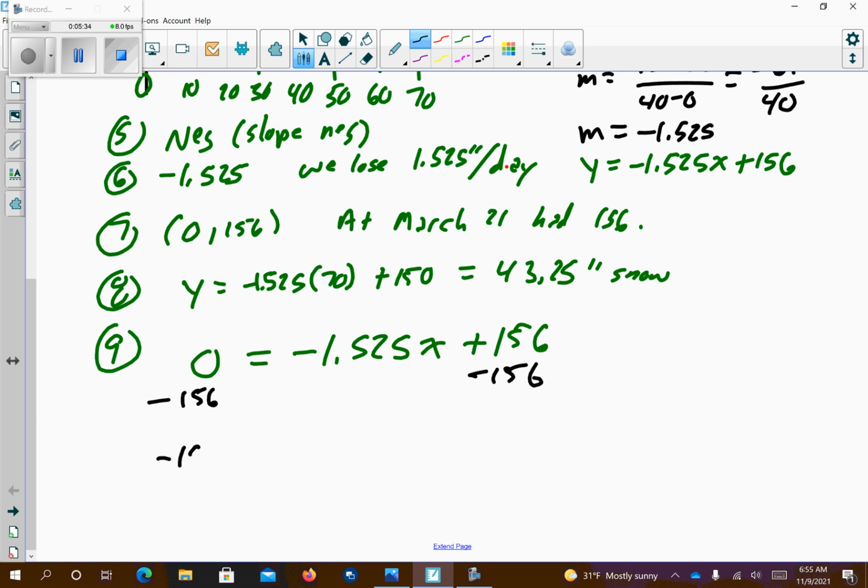So I get negative 156 equals negative 1.525x. Divide each side by 1.525. So it looks like it's about 102.3 days after March 21st we would have no snow up there.